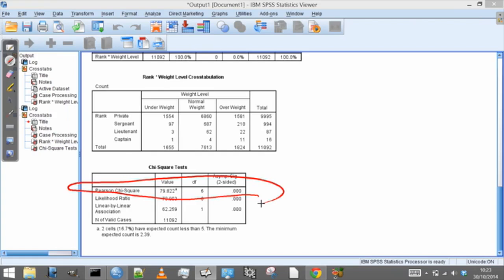I reject the null hypothesis, and so can someone give me a statement as to... Yeah, okay, so there is an association between the weight and the rank. Well, there is a statistically significant association between the two. And that's what we found out.